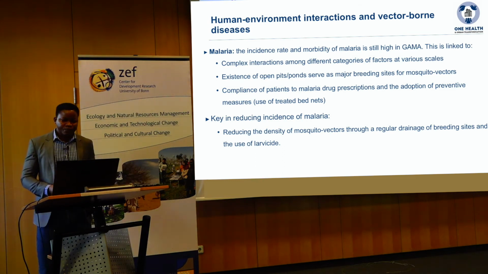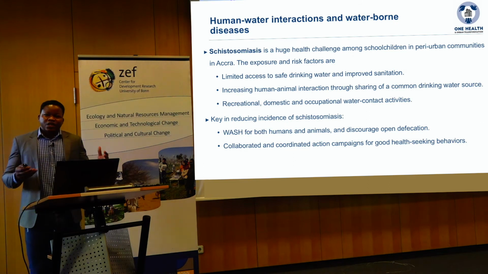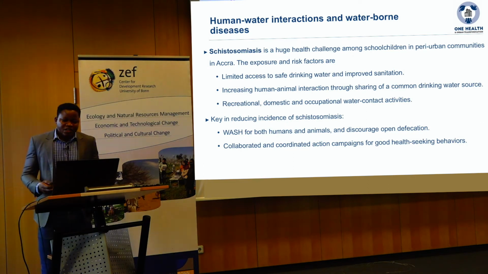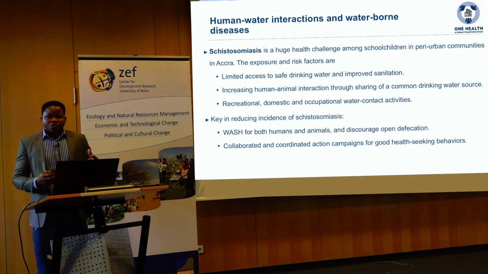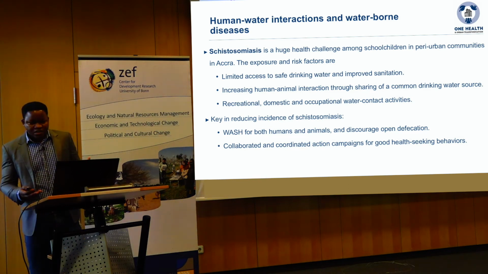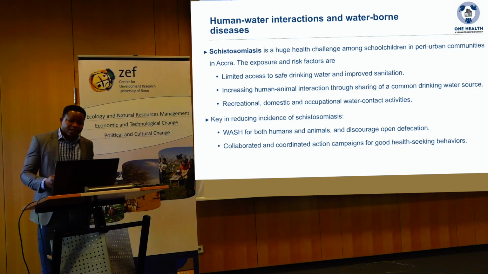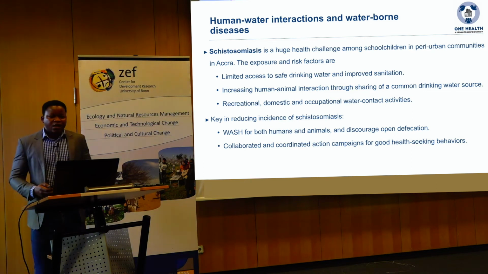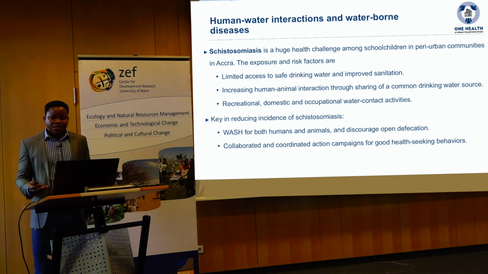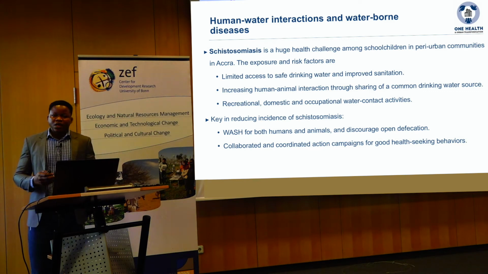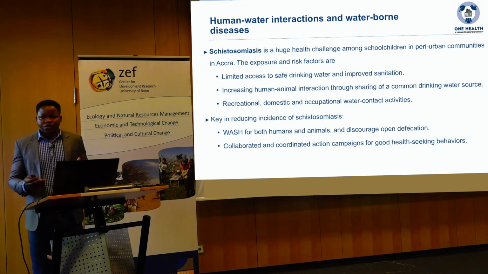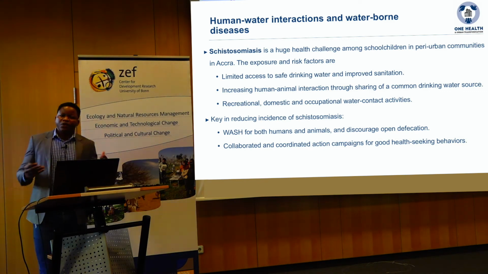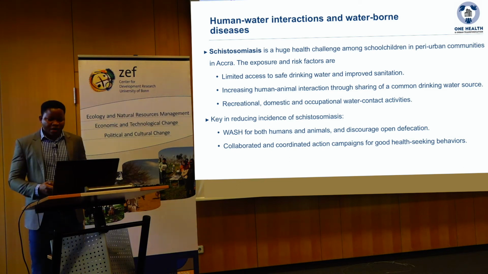mosquitoes in the area. Our second case study, looking at the human interactions with surface water systems, identified that schistosomiasis is a huge health challenge among some school children in the peri-urban areas in Accra.